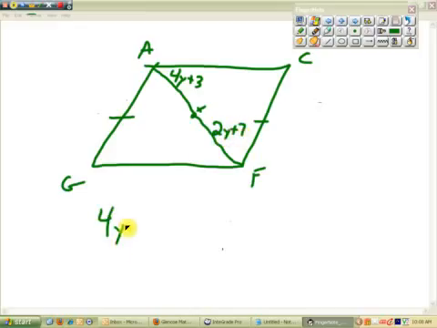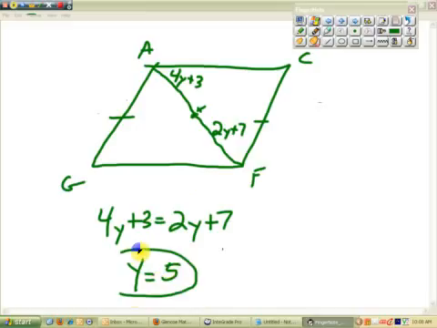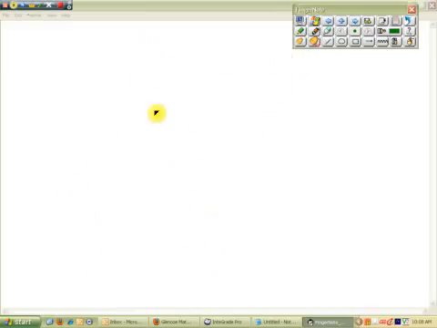Because this is a parallelogram, you know by definition that the two sides of each diagonal are equal. When you solve this, you get y equals 5, and you're done with the problem. All right, number 10 and number 11, again, is just knowing definitions.